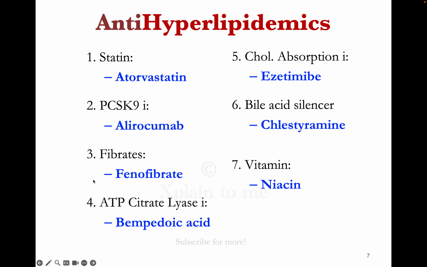Okay, understand that point. Then anyway, the indication for fibrates or fenofibrate is this: it is the one drug indicated for extremely high levels of triglycerides. If a patient has too much, like above 500 milligrams per deciliter of triglyceride, the FDA indicates fenofibrate or fibrates.